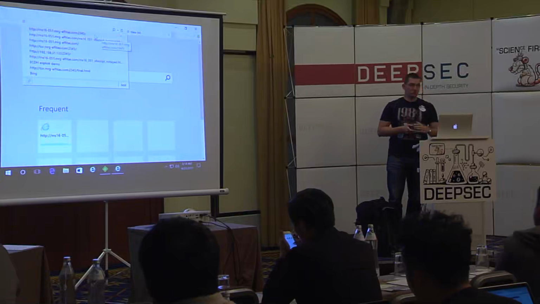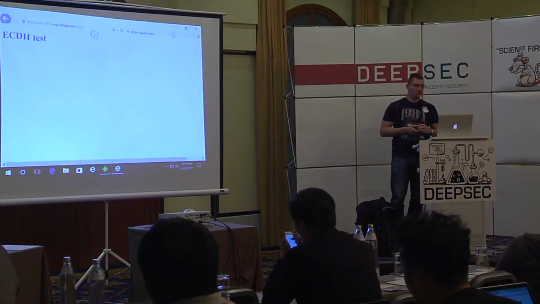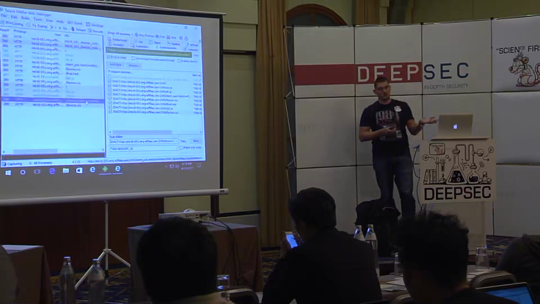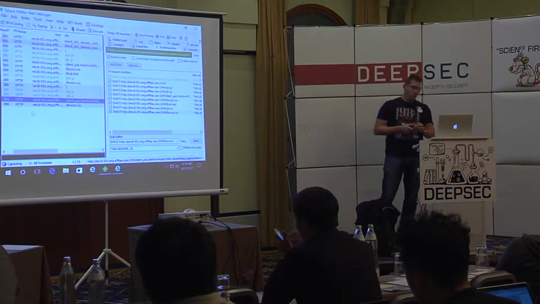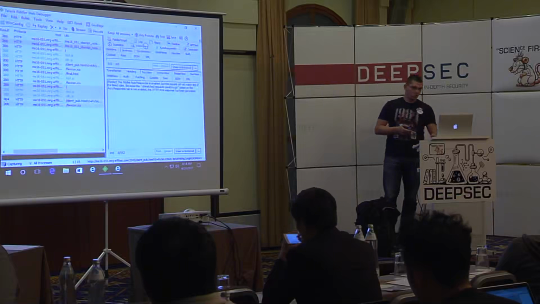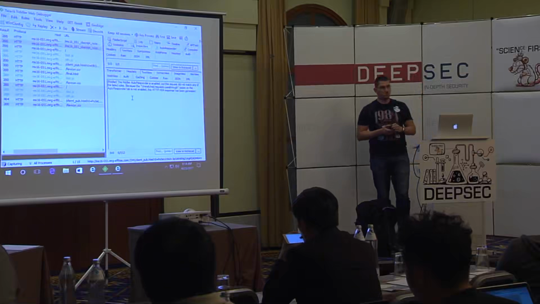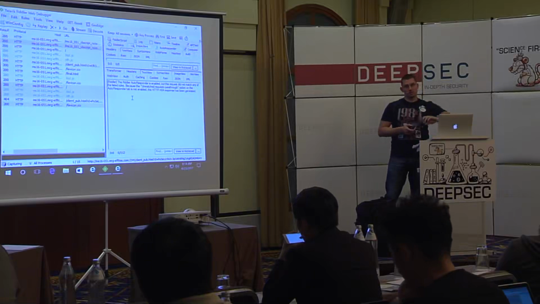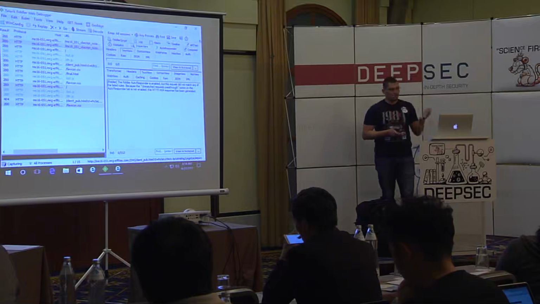And now if I try to use Fiddler to replay this exploit, you can see that nothing happens. And as you can see here, Fiddler responded with a 404 not found. And the reason for this is because the client sent a different public key to the server. So Fiddler said, this is a new request to me, I have no idea how to handle this. So it just sent back a 404.